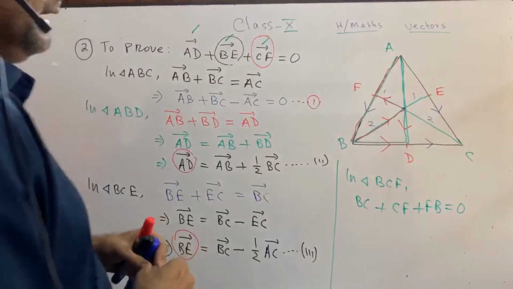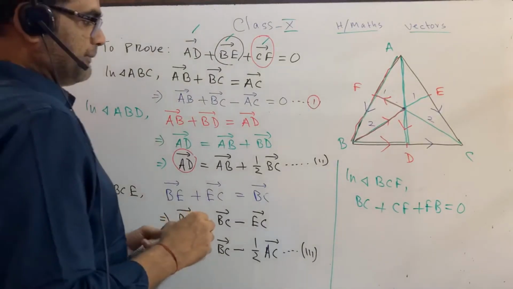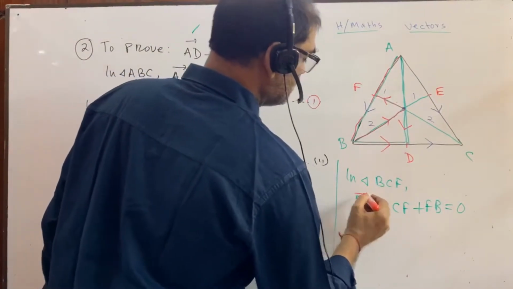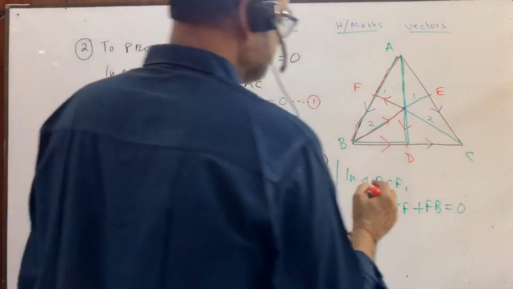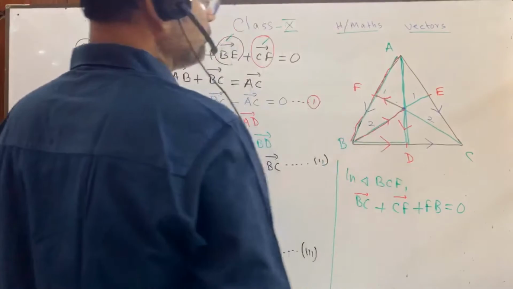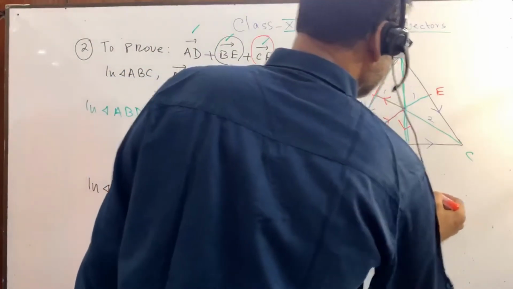Have you seen? I have written here the vector sign: BC plus CF plus FB equals to 0.